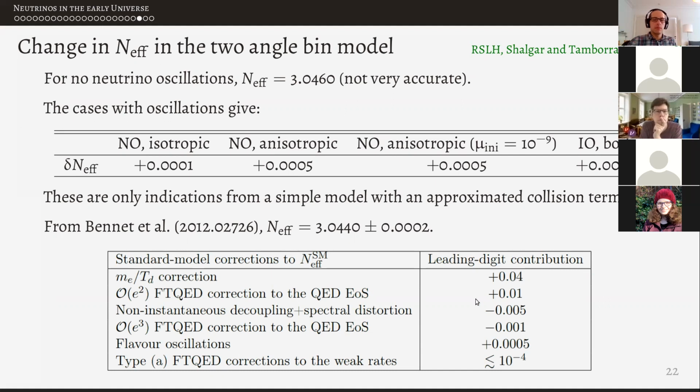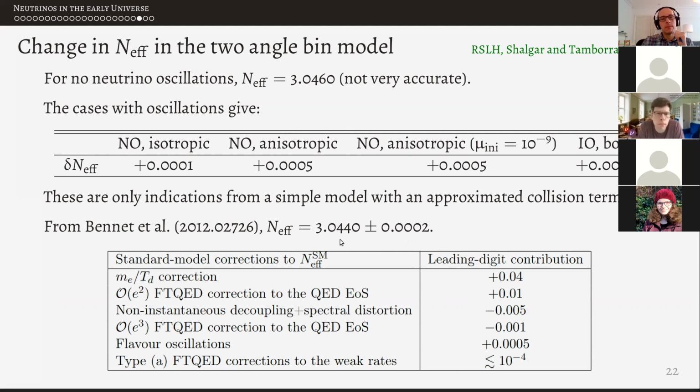One cannot take the numbers from these two tables and compare them directly because our model is much simplified, and the other model doesn't contain the neutrino-neutrino term.